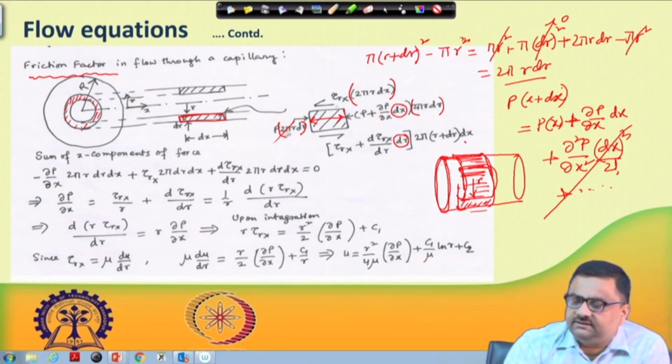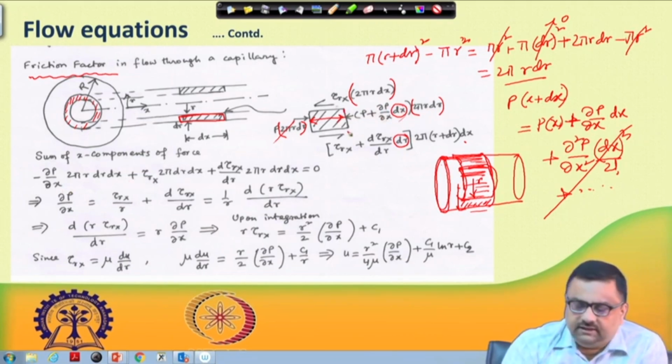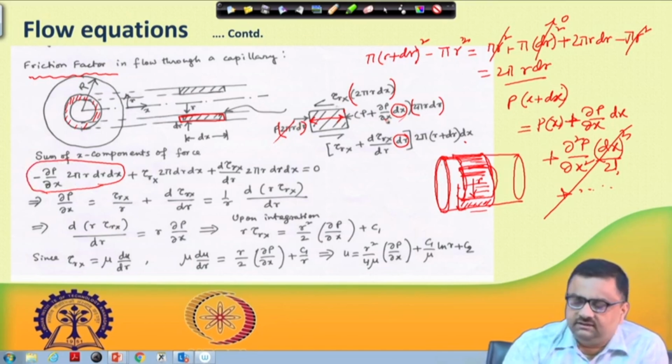When we take this minus this, it is gone with this p 2 pi r dr. So, what is left is minus del p del x dx 2 pi r dr. So, that is exactly what we are talking about here. This is the term arising from this minus this.